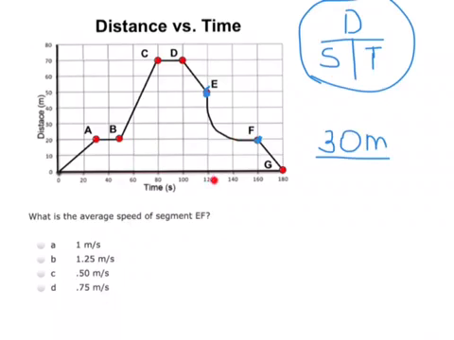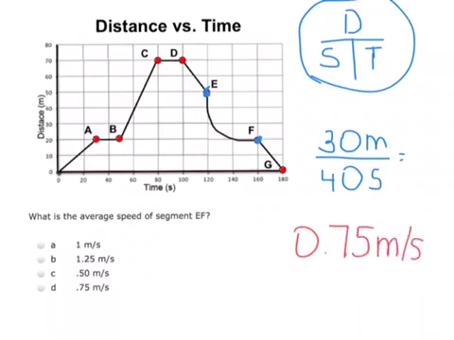E was at 120. F was at 160, so the difference there is 40. When you do that math, it comes out to a total of 0.75 meters per second. So your answer should have been D.